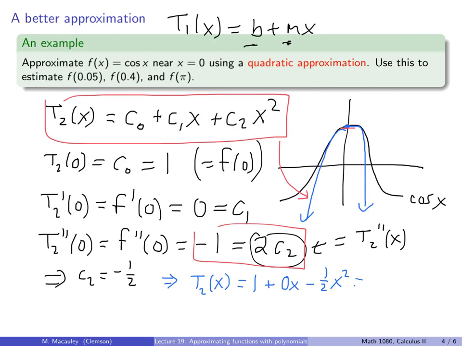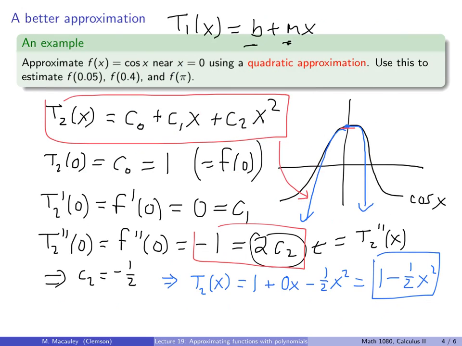So let me simplify that as 1 minus 1/2 x squared. So in other words, the best fit line, not line, the best fit parabola, or the best quadratic approximation to cosine of x, is precisely this blue polynomial, which is this thing right here.